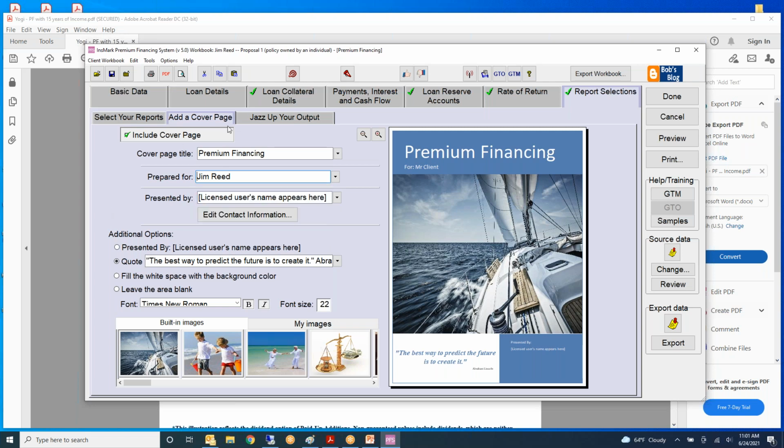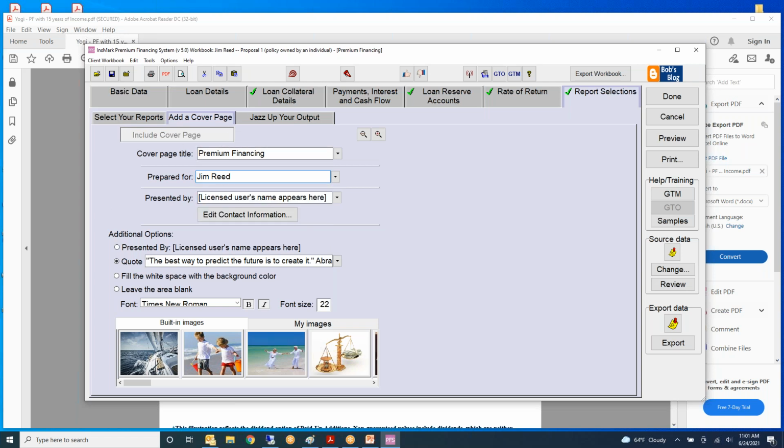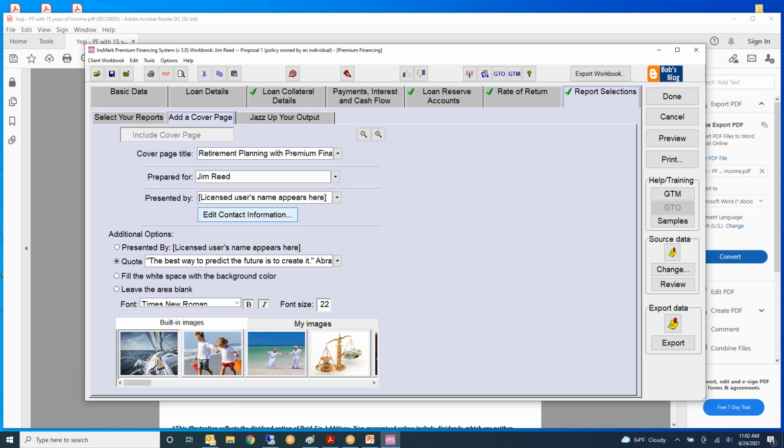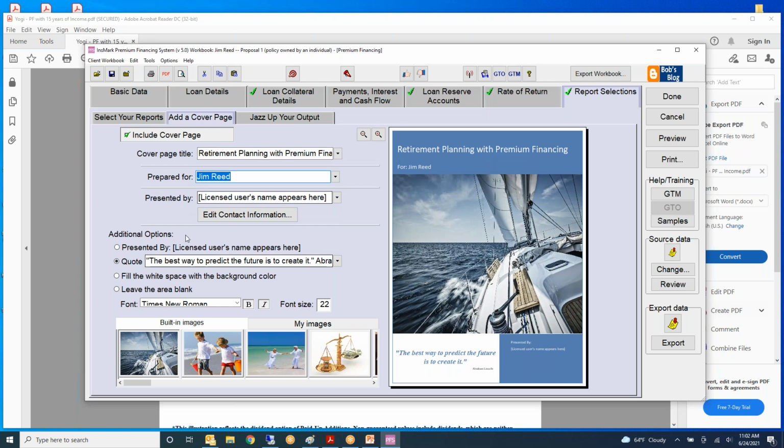Okay, premium financing, or you can name this retirement premium financing. So that's the title. Okay, and so on. You can add a quote. You could leave it blank. Okay, and you can change your pictures and so forth.